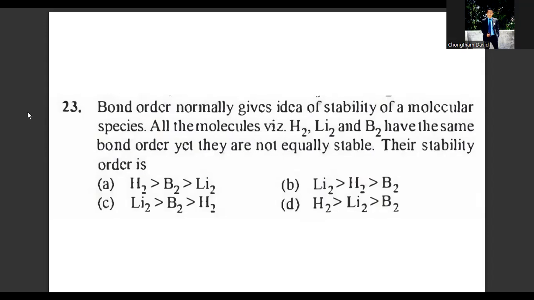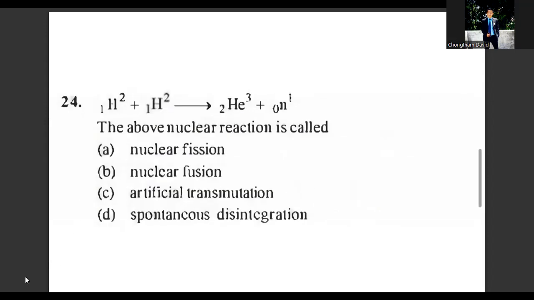Let us come to 23. The answer to 23 would be D. Fine. Let's read question number 24. In the above nuclear reaction, the formation of a heavy nucleus from those of lighter elements is known as nuclear fusion.